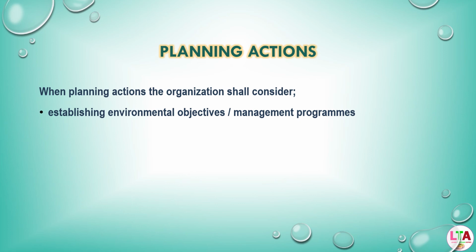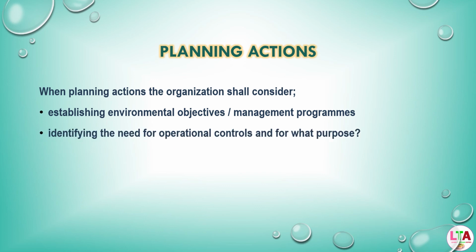While planning the actions, the organization shall consider establishing environmental objectives or environmental management programs, identifying the needs for operational controls, and establishing the types and levels of controls. The identified actions need to be implemented in a planned manner. This is how the aspect and impact study needs to be carried out and the actions implemented.